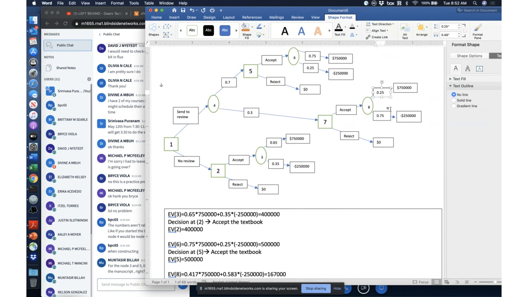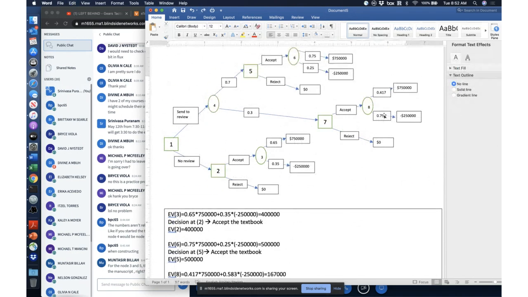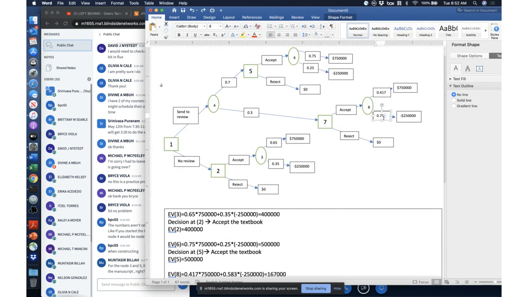So the probabilities here make a huge difference, and so do the payoffs. Right now it's going to be 417 and 583.